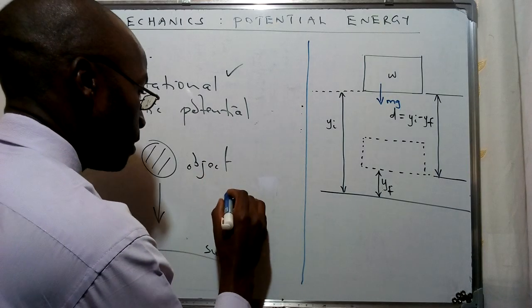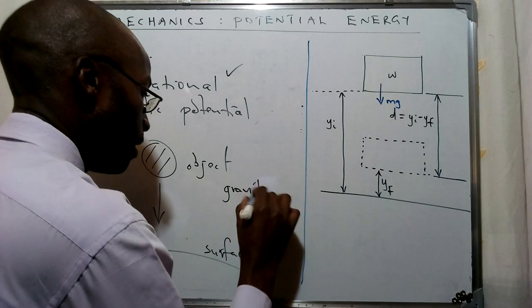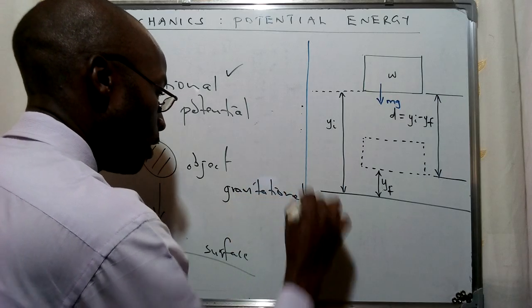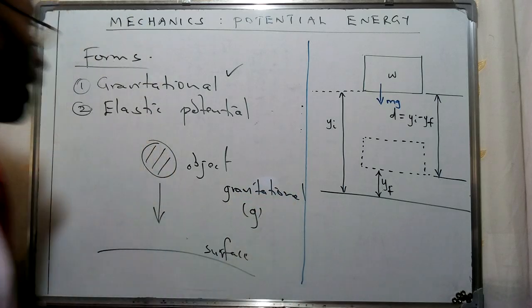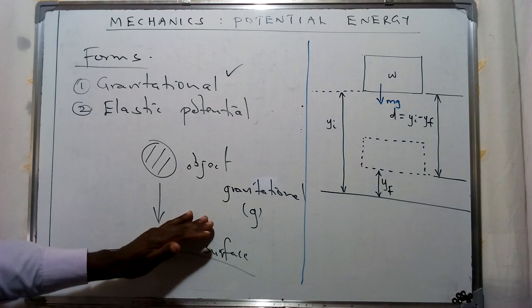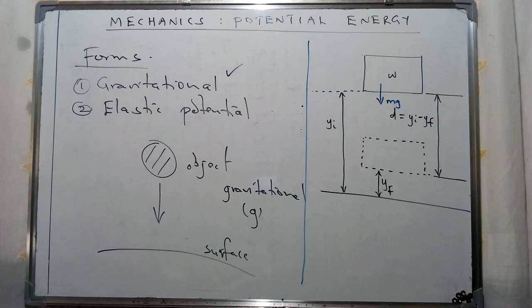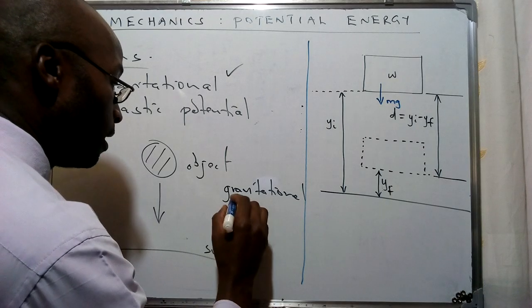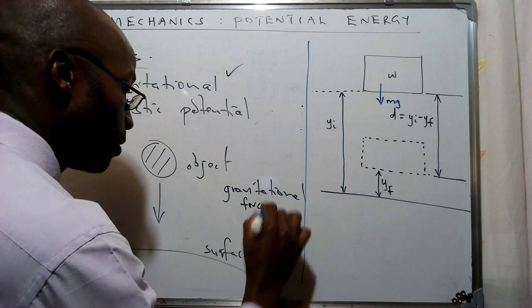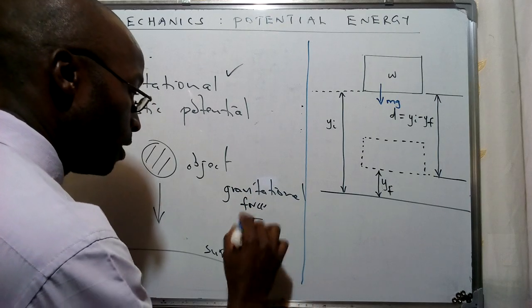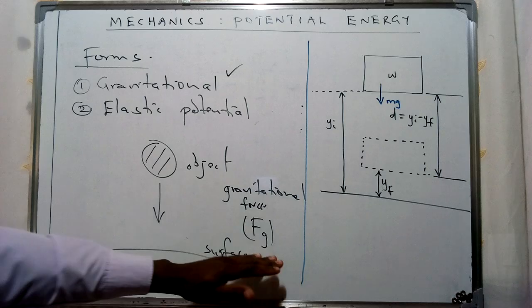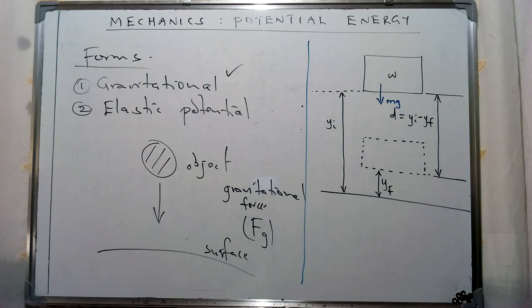Now we're going to give this gravitational force in terms of F subscript G. So in my discussion as we go ahead, this is going to be the initial for this specific force which I'm going to be using in our discussion.